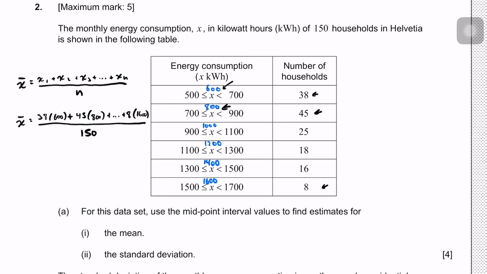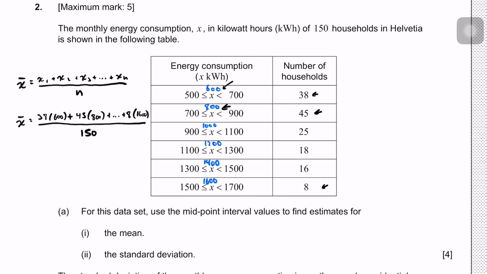This is what we could do to calculate the average energy consumption for these 150 households. That's going to take a while. Not to say that we couldn't do it, but for something like this, I think we can use the calculator, one variable statistics, making sure we've listed out our frequency and the energy consumption in another column.